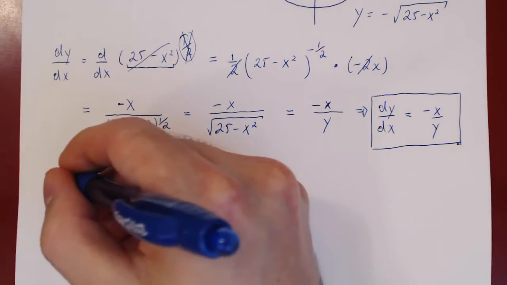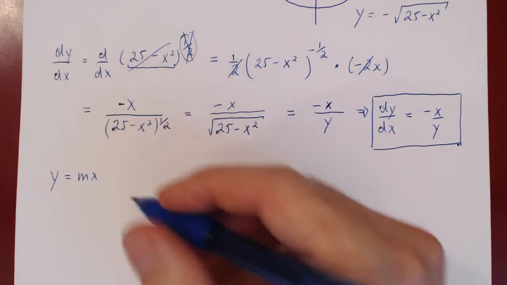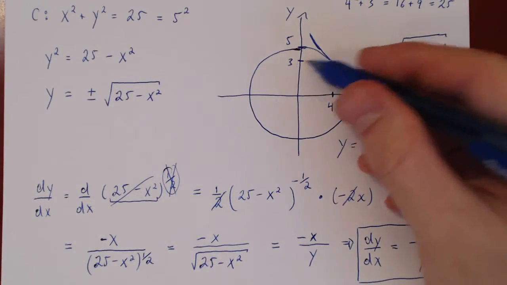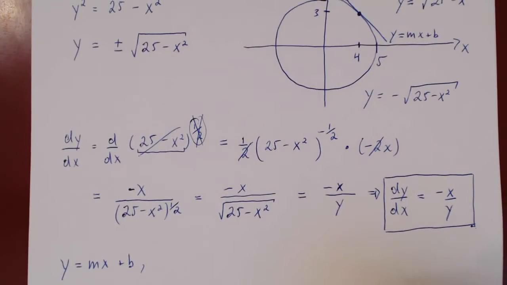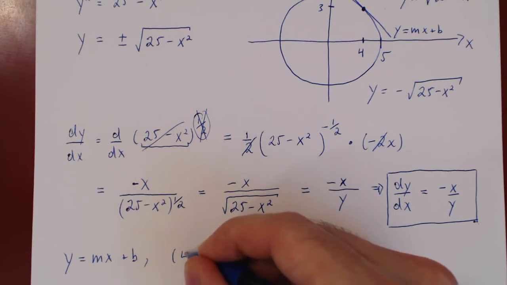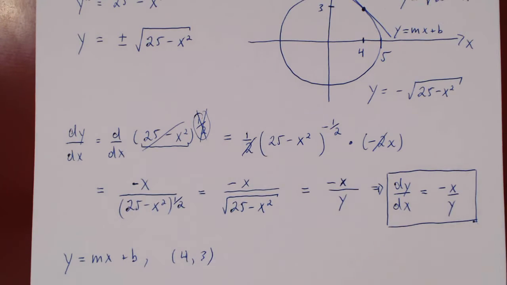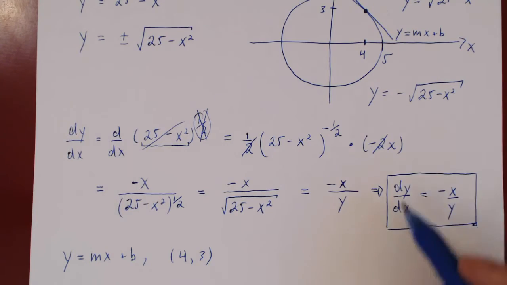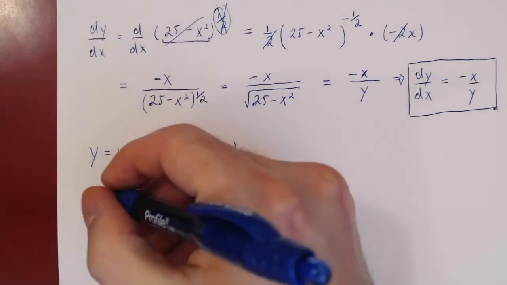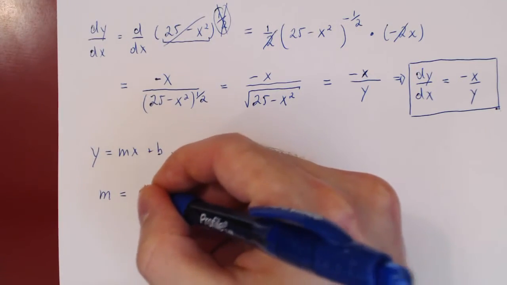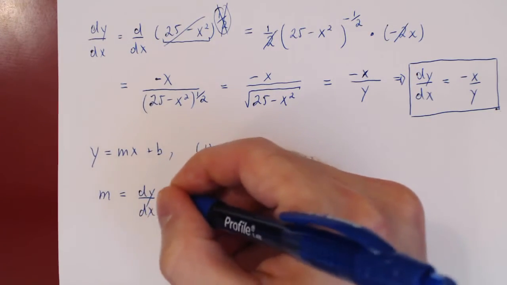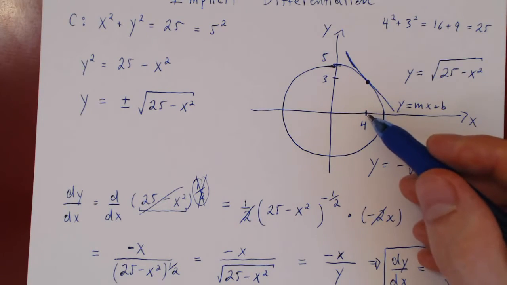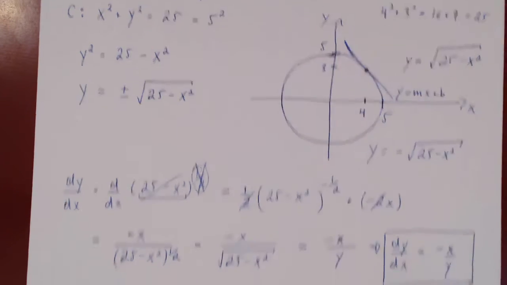So, if you recall, our tangent line is given by mx plus b, and the point of interest is x equals 4, y equals 3.